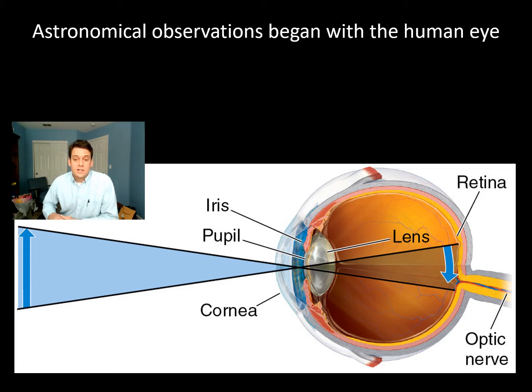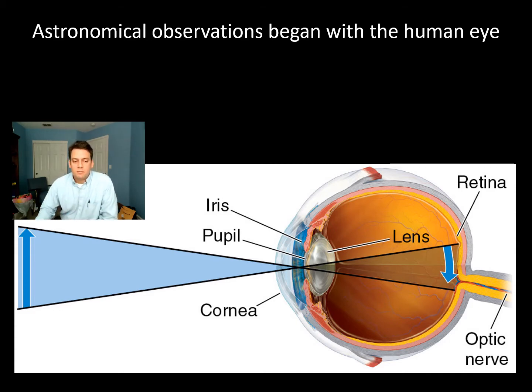This is not a class in human anatomy, but it actually is helpful to at least look at the basic anatomy of the eye, because throughout history, starting in the 17th century and on to today and beyond, the development of telescopes uses this as its template.